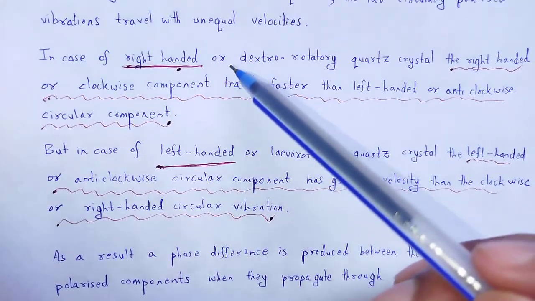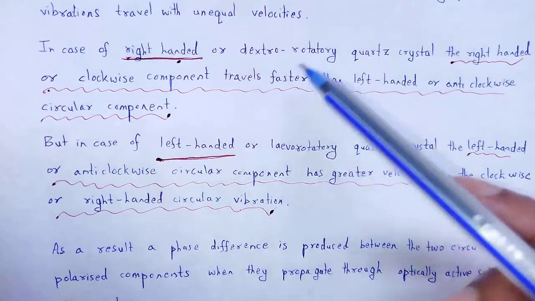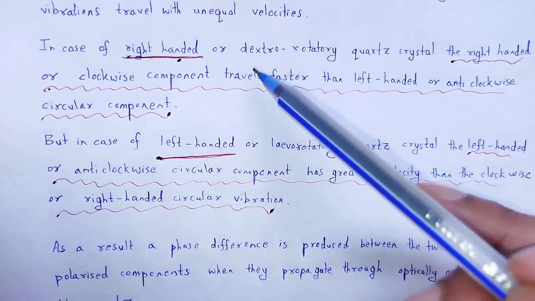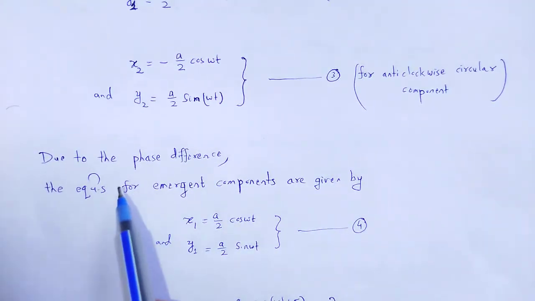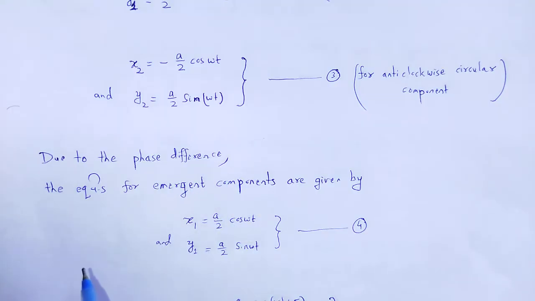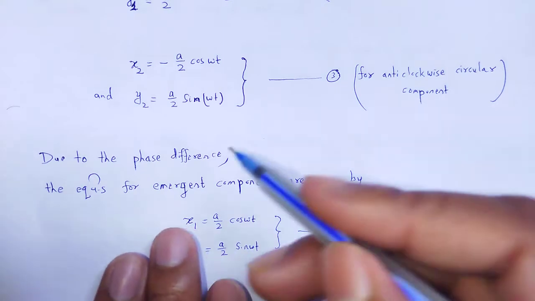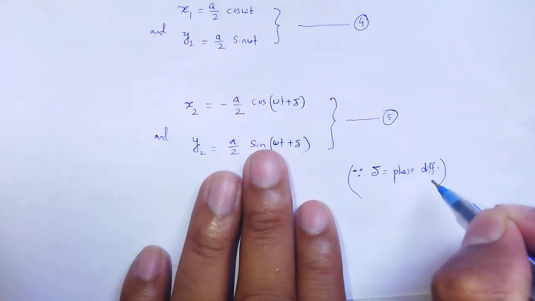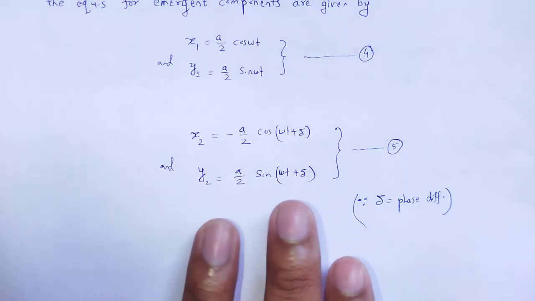The velocity depends upon what type of optically active substance it is. Due to the phase difference, for the equations of the emergent components, let me say the phase difference is delta between these two circularly polarized components.